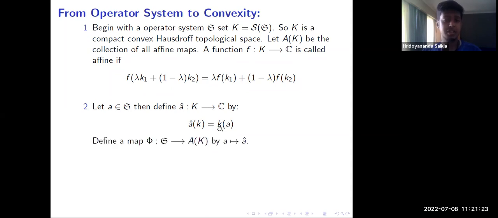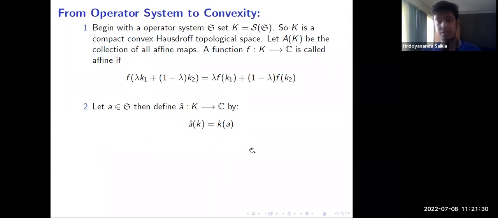And you can also verify that for every a, this a-bar defined like this is actually an affine function defined on the convex set K. So I want to stress this thing. For every a in the operator system S, a-bar, that is a function defined on K like this, is an affine function.